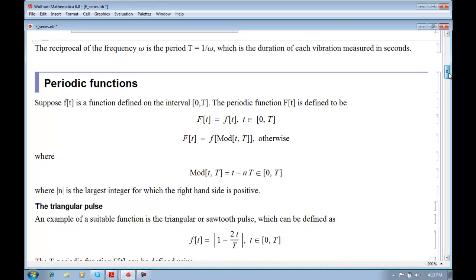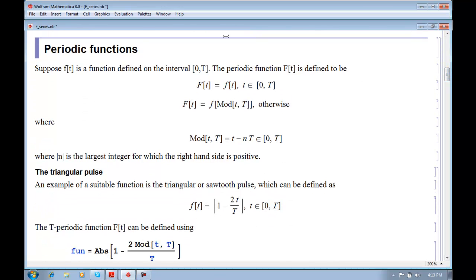Let's move on now to discuss periodic functions. Suppose we've got some function f of t defined on an interval 0 to capital T. Then we can define a T-periodic function F of t to be equal to little f of t if t is in this interval, and equal to f of mod of t otherwise.